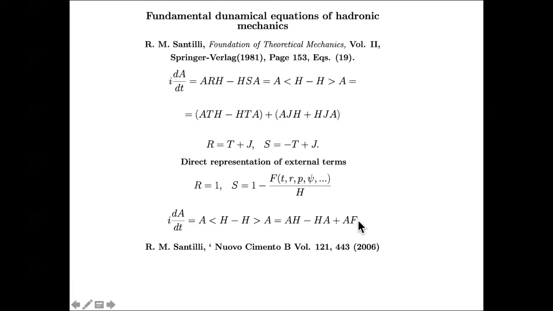I published these results in this paper, a memoir actually printed in Nuovo Cimento of 2006, with a considerable number of practical applications that I recommend to interested colleagues to inspect.